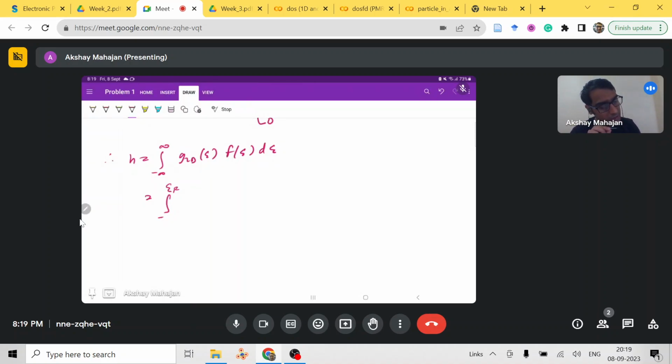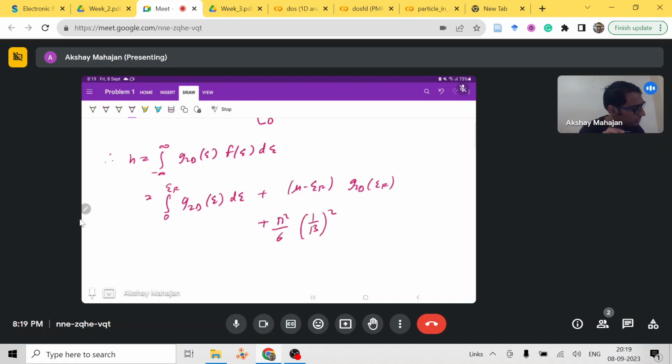I can just write this integral from 0 to this because it is 0 for energy less than 0, plus mu minus epsilon f times G of 2D of epsilon f plus pi square by 6 times 1 by beta whole square times G of 2D prime of epsilon f.